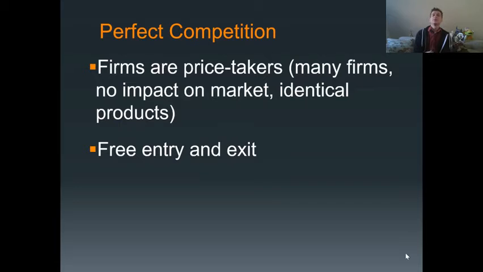We do have things that we use as close versions of this, and agricultural products are normally the close version that we go with here. Your average person isn't going around to each individual farm and figuring out who has the best corn. For the most part, we are not doing that, and agricultural products are vaguely perfect competition if we ignore the idea of industrial farming and all that stuff. So that's what we're doing here. Think like old school farming.